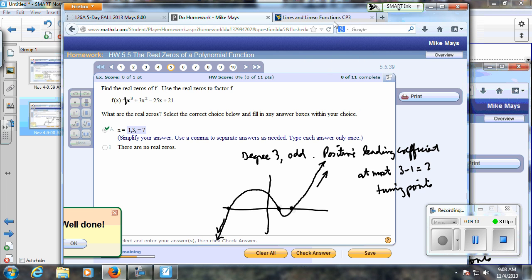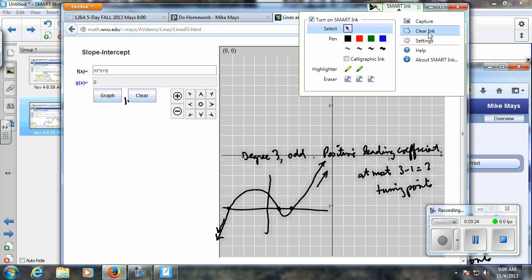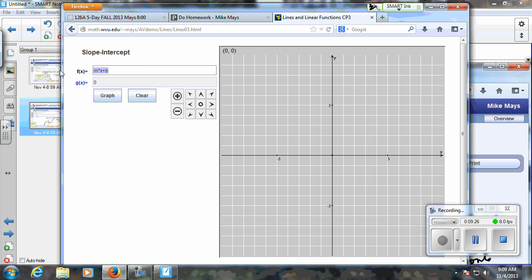If I look at it on a picture, so let's see, x cubed plus 3x squared minus 25x plus 21. So if I were going to graph that thing, x cubed plus 3x squared minus 25x plus 21.